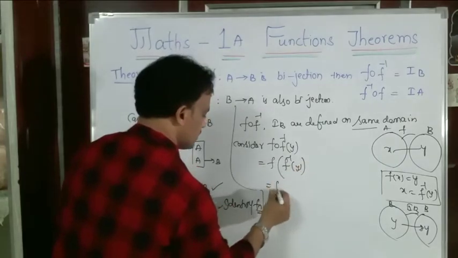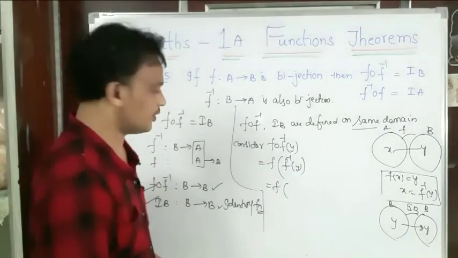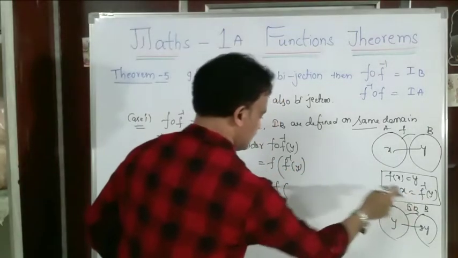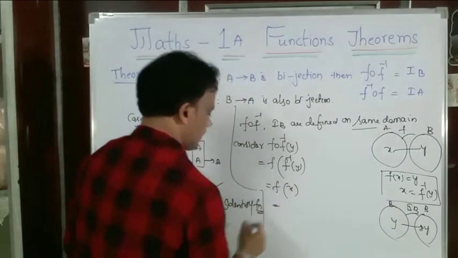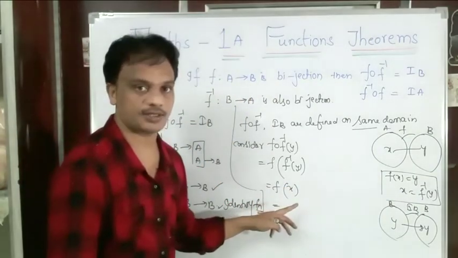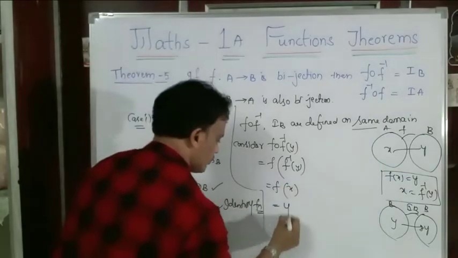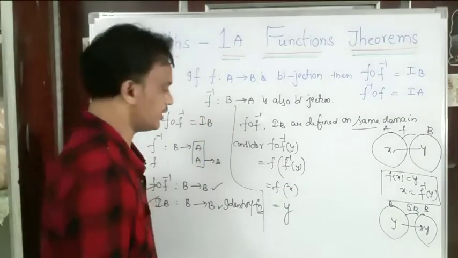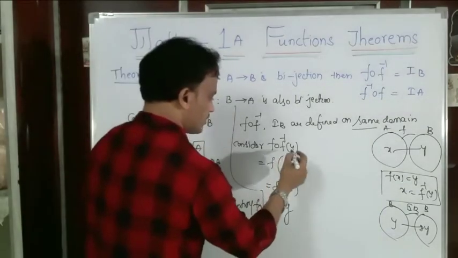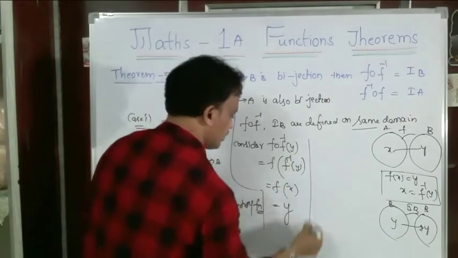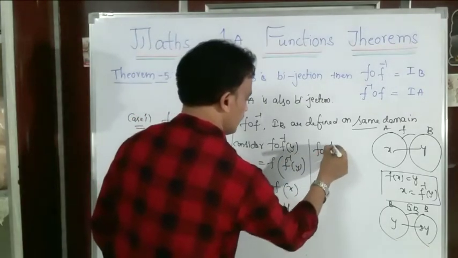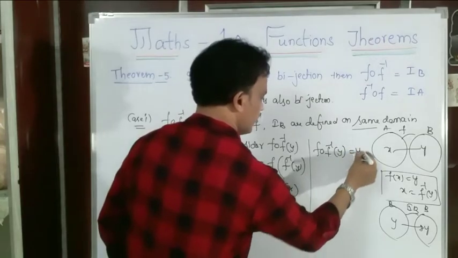What is f inverse of y? It is x. So we get f of x, and the value of f of x equals y. So finally, f circle f inverse of y equals y.